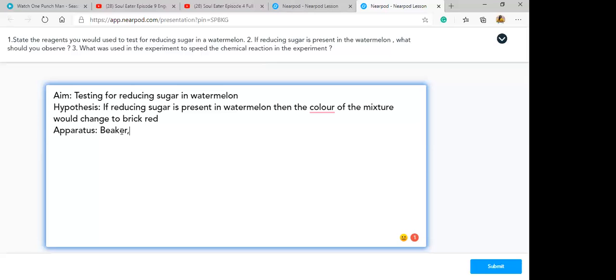The tripod stand is the triangular stand that they put the beaker on. It's called a tripod stand because it has three legs, right? Yes, sir. And of course they put a mesh, a wire gauze.